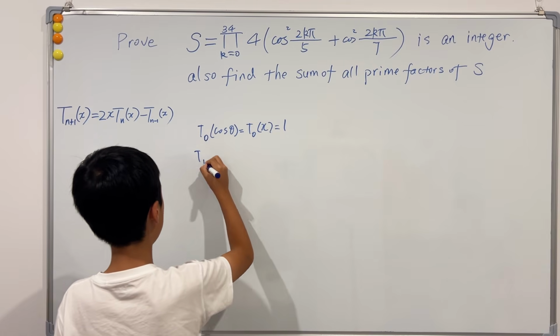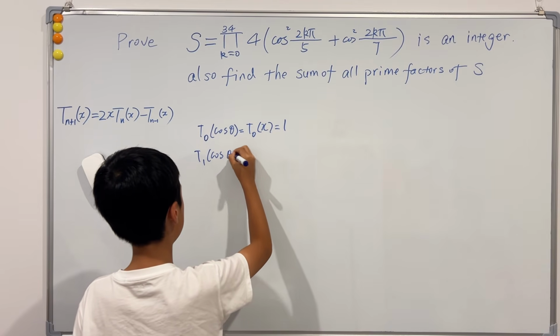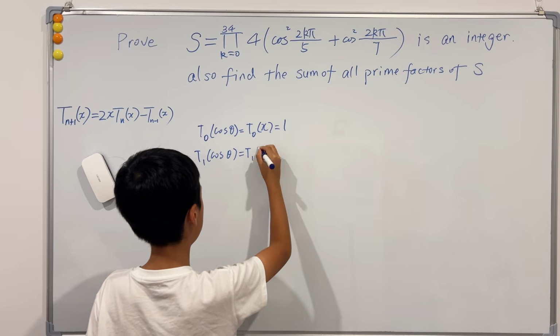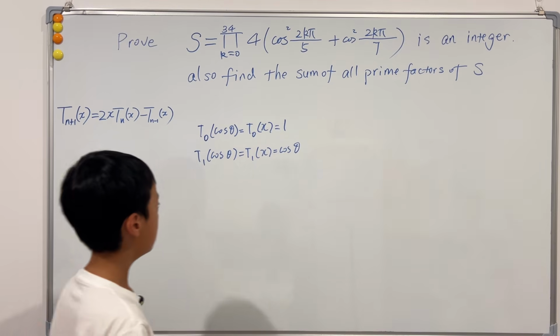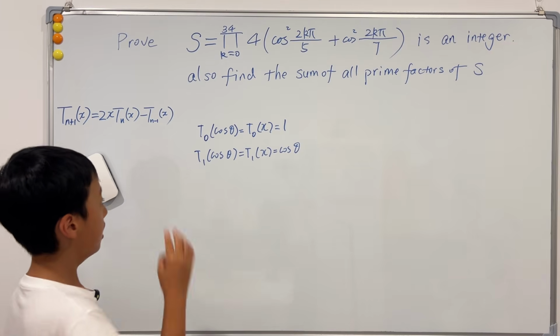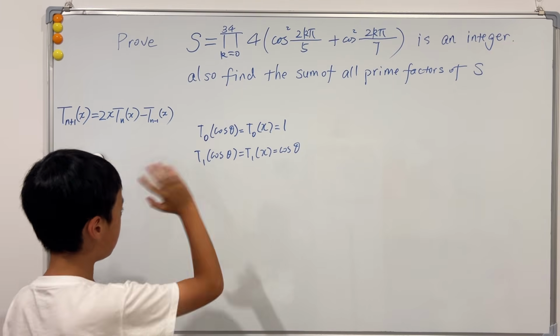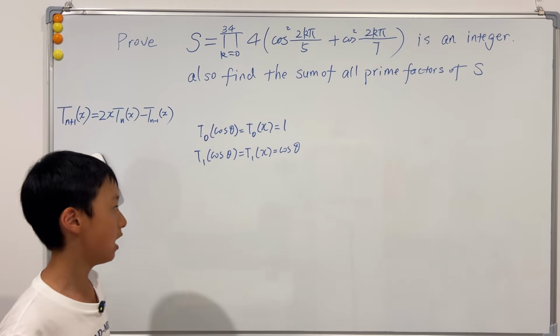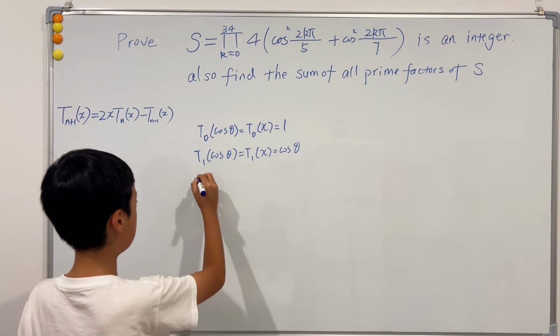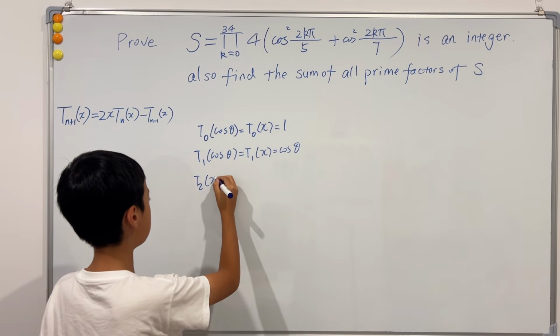Next, T1 of cosine theta, which is equal to T1 of x, is equal to cosine theta. Now I'm not going to write cosine theta anymore because we already know that it's x, right? So I'll just write T2 of x.